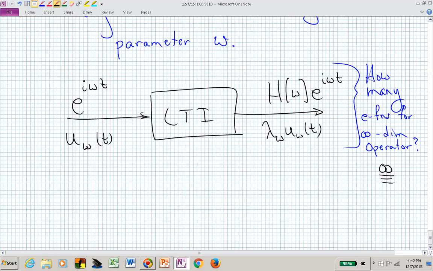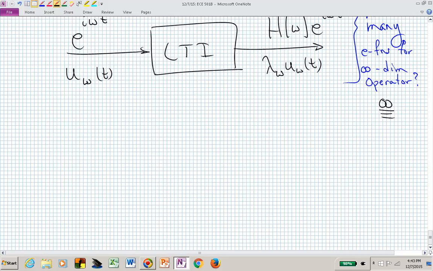We're not going to see any other frequencies. We will just see that frequency distributed around our system. And how will it be amplified or modified? How will it be scaled and maybe delayed in time? That is given by these eigenvalues, H of omega. That's a complex number which gives us a magnitude and an angle. And that tells us how, when we apply a cosine of a certain frequency, that system responds. And that's what's contained in this H of omega. We now essentially use that to define what we call the transfer function associated with any given system.